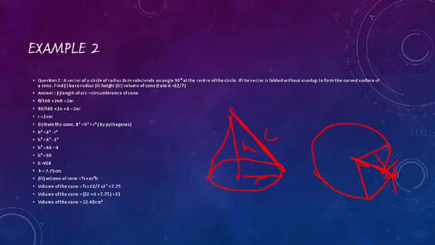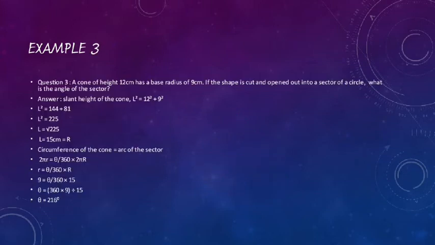And the volume of a cone is given as 1 over 3 times πr squared h. Then our π is 22 over 7, our r is 2, our h is 7.75. If you substitute the values, you have your volume to be 32.48 centimeters cubed, which can be approximated to 32.5 centimeters cubed.